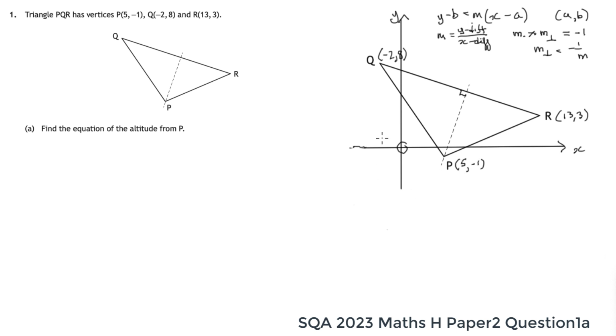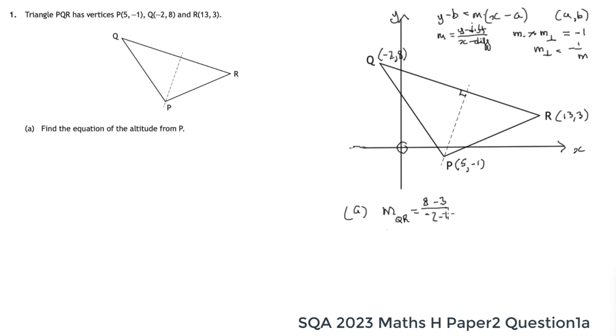So this is part A that we're having a look at. Let's first of all find the gradient of QR, and then we'll be able to work out the gradient of the altitude. So the gradient of QR, that would be the y difference. Let's start with this 8 and subtract this 3. So 8 minus 3, that's the y difference, over the x difference, -2 minus 13.